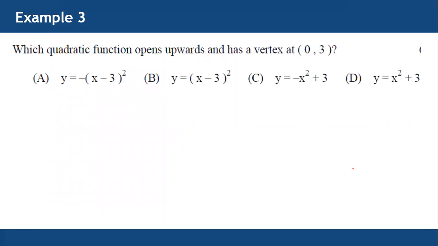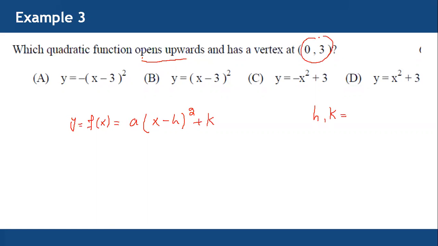Okay. Now, third one, which quadratic function opens upward and has a vertex of (0, 3)? Again, the vertex point is given and it opens upward. This means that the x square coefficient is positive. We have the general function y or f of x is equal to a into (x minus h) whole square plus k, where h and k are the vertex point.